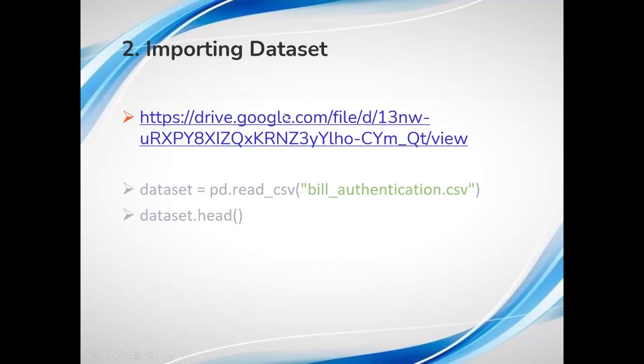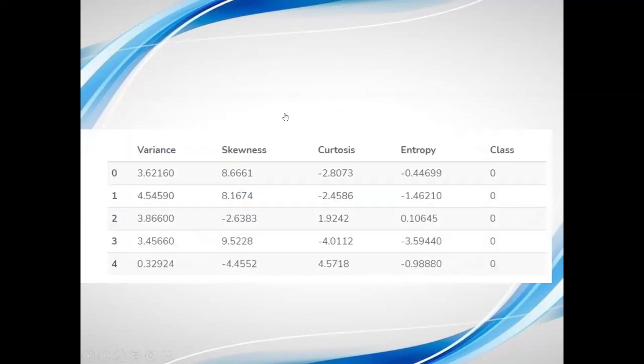Similarly, dataset.head() displays the first 5 rows. Now, this is the dataset.head() result.